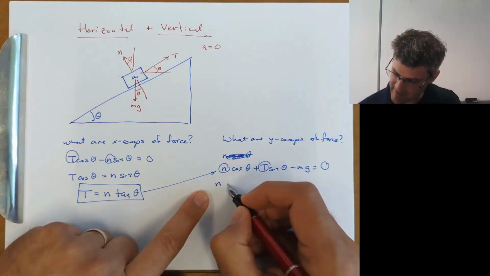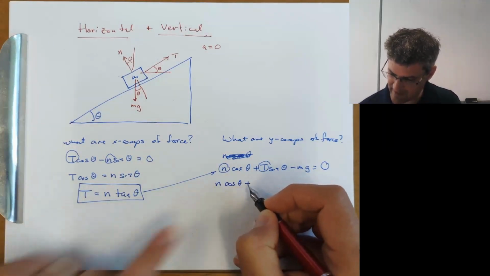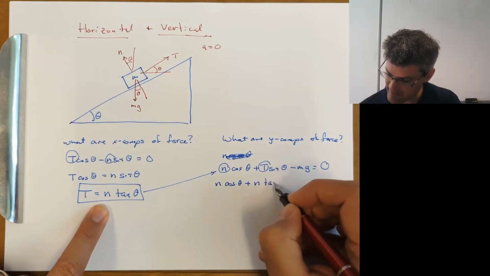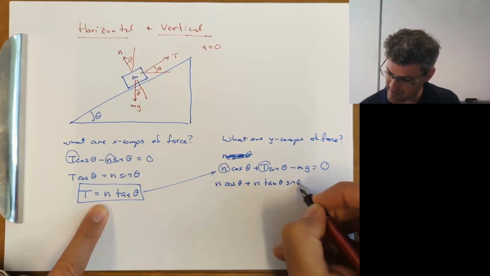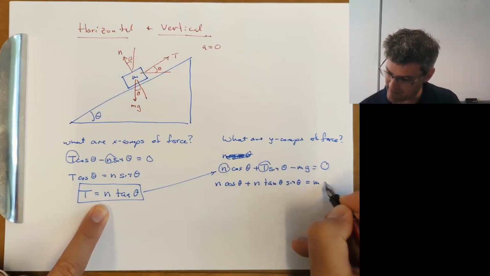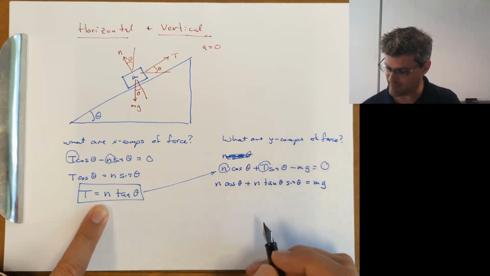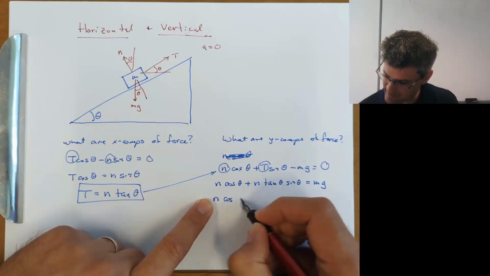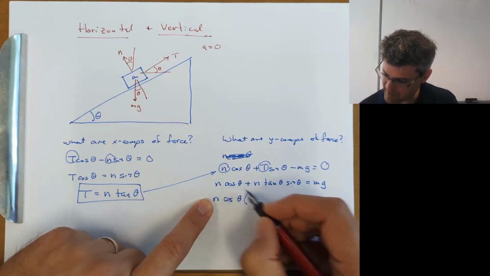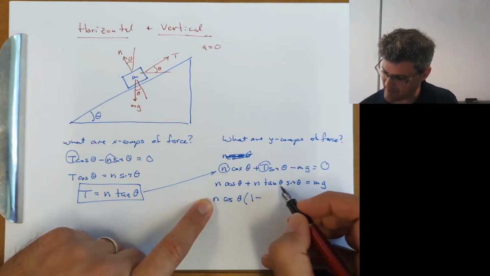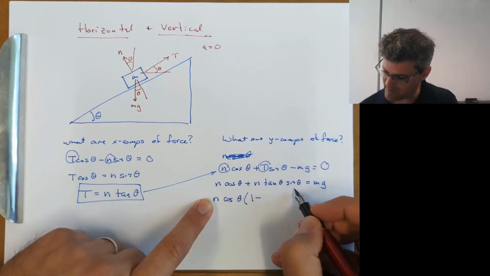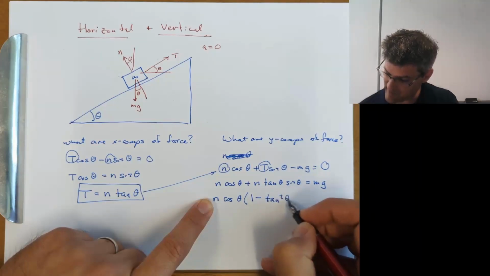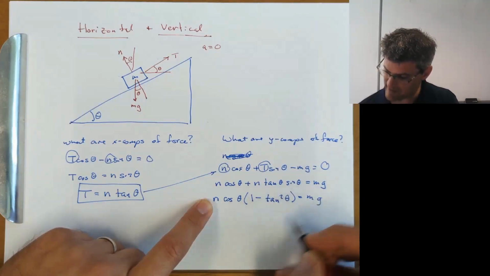And here we see that N cosine theta plus N tangent theta sine theta is equal to mg. I'm just moving that mg over to the other side. Now I can factor an N cosine theta out, and here I would have 1 plus tangent theta times sine theta over cosine theta. Sine theta over cosine theta is tangent theta. So this is 1 plus tangent squared theta, and the whole thing is equal to mg.